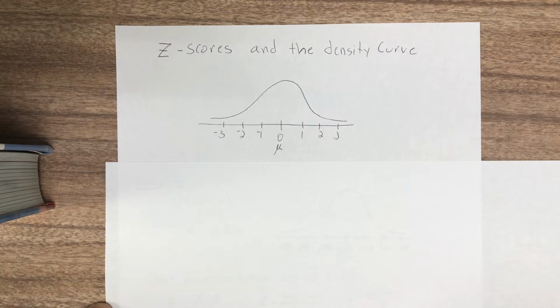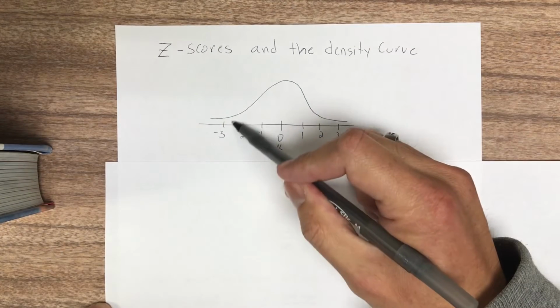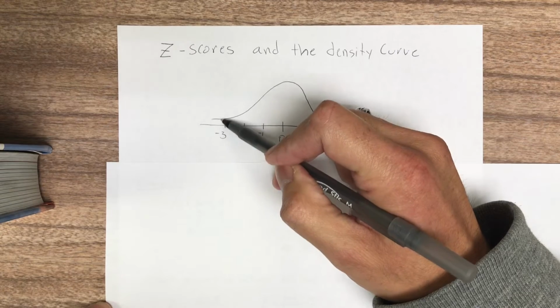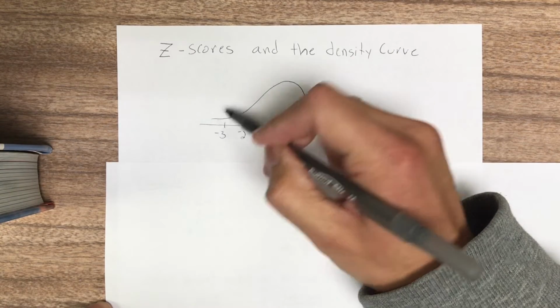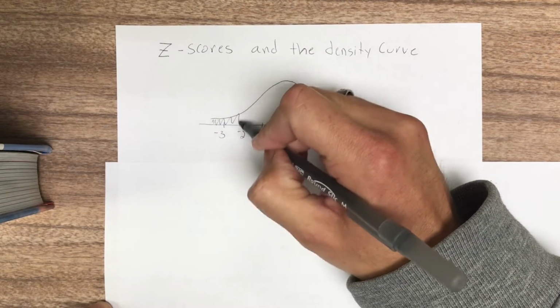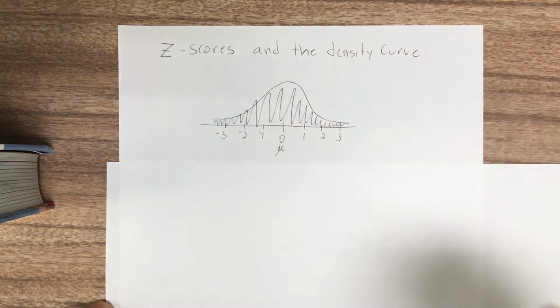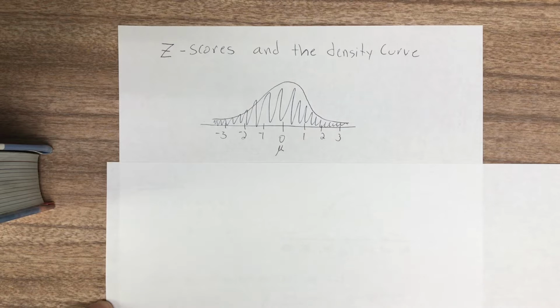When you are looking at the proportion, how many people are in a specific location of the density curve, that is the area under the curve. If I shade the whole area under the curve, that means this area is 100%.